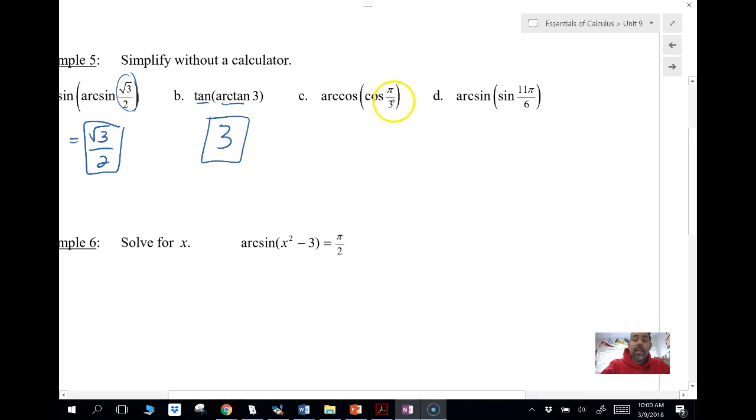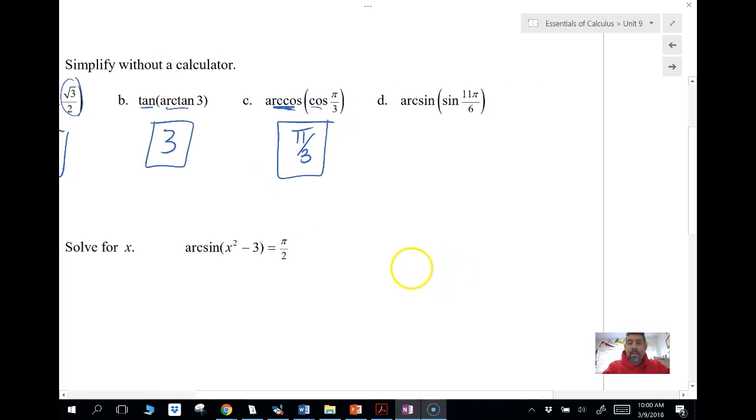All right, so the cosine of pi over 3 is positive, and pi over 3 is within the range restriction of arc cosine. Since they do match up, and I'm okay with my range restriction, I'm going to say this is just pi over 3. Pretty simple, straightforward.